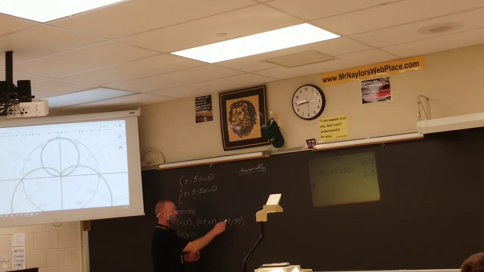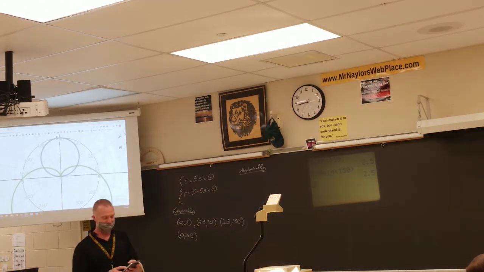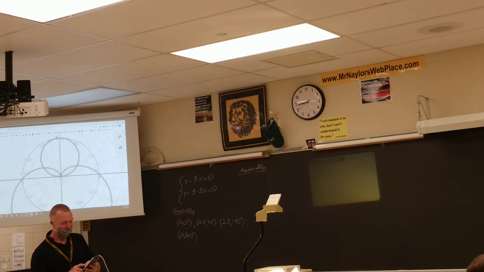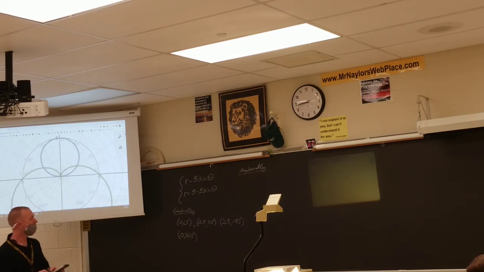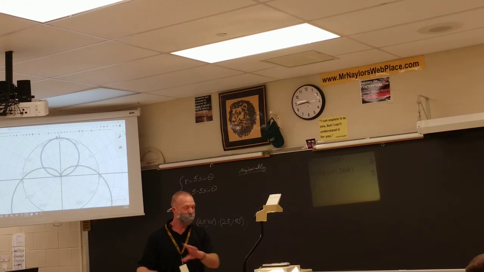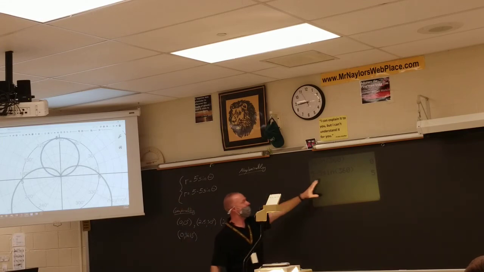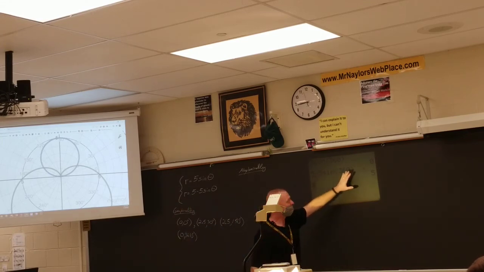Sometimes people circle it, or sometimes we just leave it alone, because now I'm going to show you what happens if you plug in 360. If you plug in 360, you would have to plug it into both equations. And make sure you don't miss this. You can try it on your calculator or you can just look up here. It's not hard to do, but if I plug 360 into the second equation, it's really weird actually.